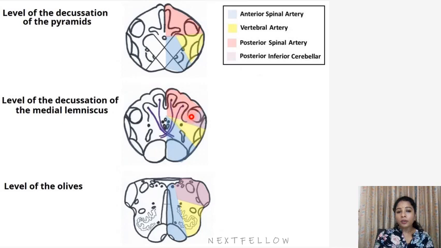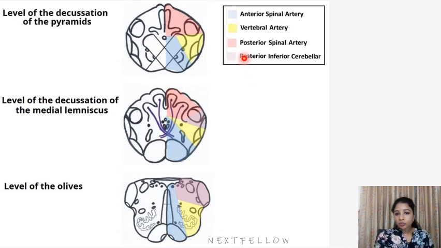In the middle part of medulla, the posterior spinal artery and posterior inferior, this purple one is the posterior inferior cerebellar artery, so both arteries supply the middle part. The upper part of medulla is supplied only by the posterior inferior cerebellar artery. There is no posterior spinal artery over here. So that is the blood supply at the three levels of medulla.